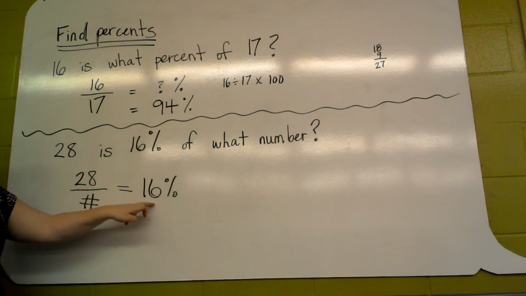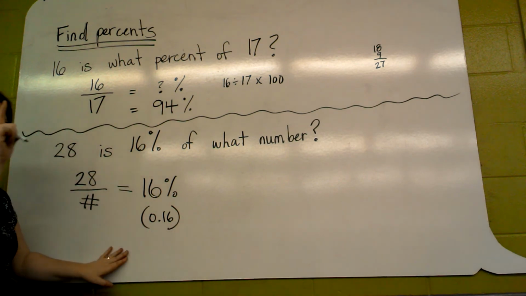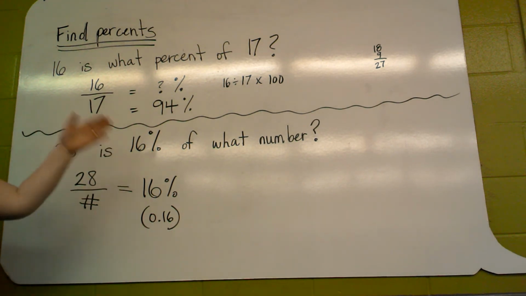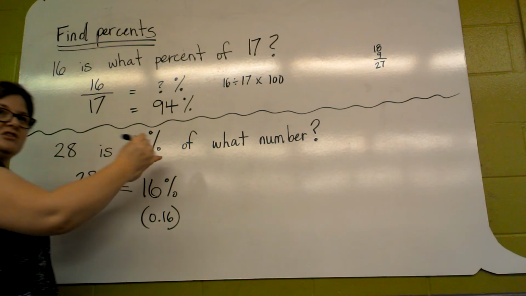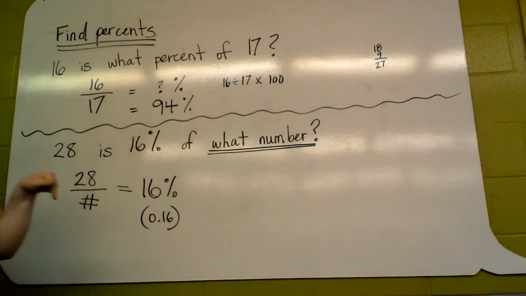What is 16% as a decimal? 0.16. That's going to help us, okay? Remember back in the beginning, when we had the word of, we multiplied. Here's the clue. We're looking for the number on the bottom. So instead of multiplying this time, I'm going to ask you to divide.